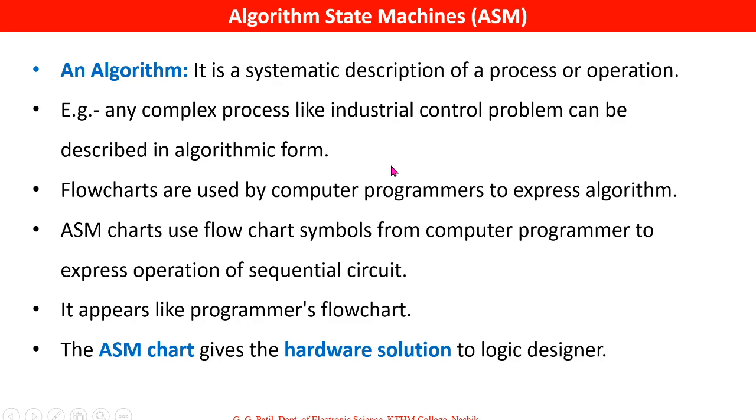It is nothing but a systematic description of a process or the operation of a particular sequence, and these algorithmic state machines are used to describe the sequential state machine in digital system designing.